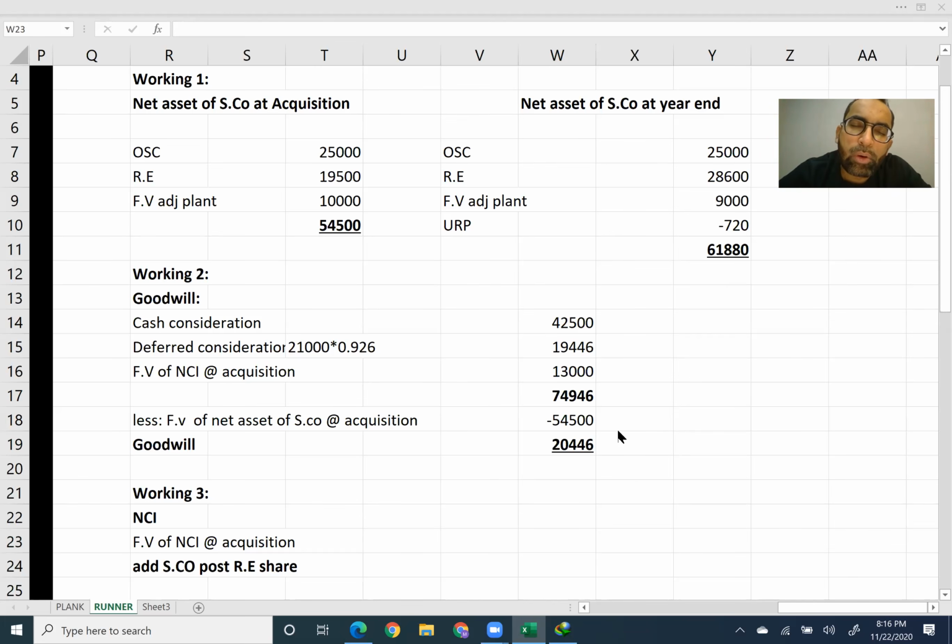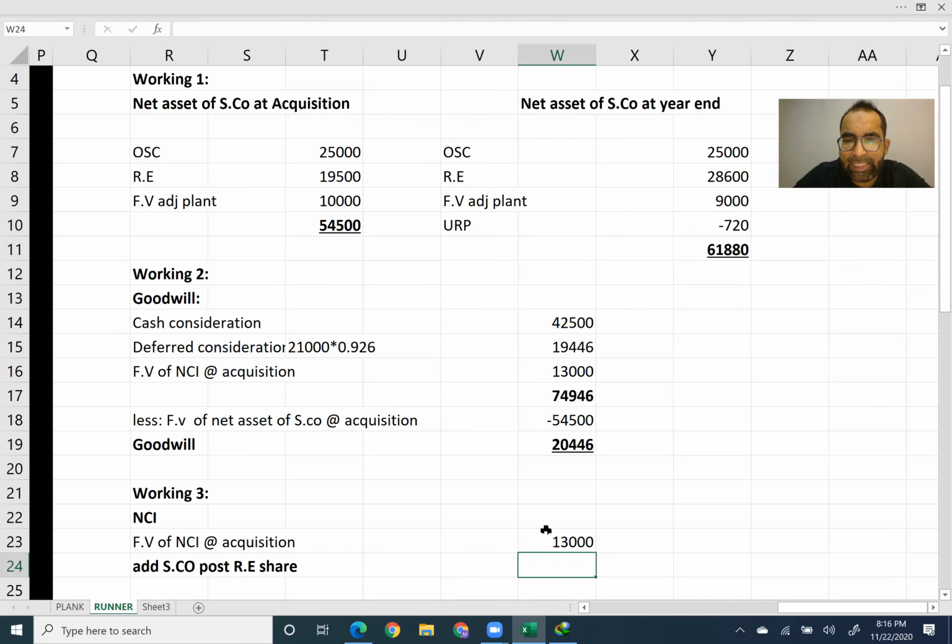But the fair value is already given in the question, though it's as of acquisition date. So you need to adjust S company's post net assets share in the NCI. What's the fair value of NCI? The fair value of NCI is 13,000.